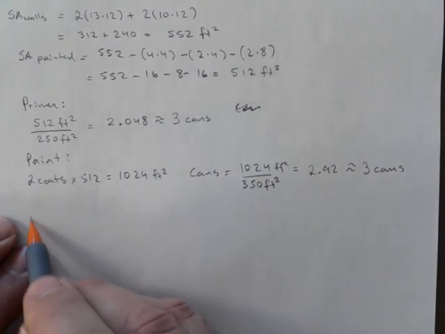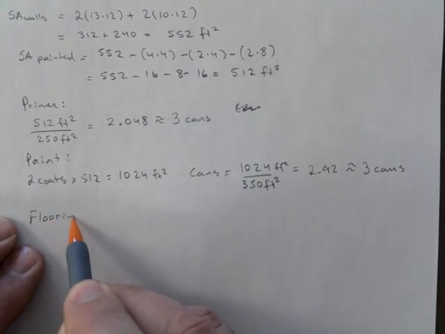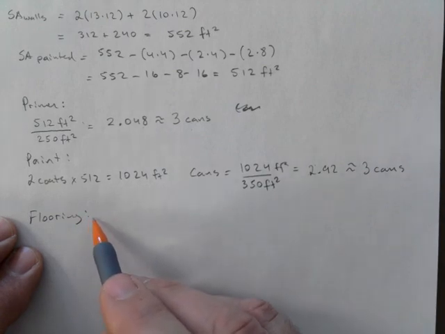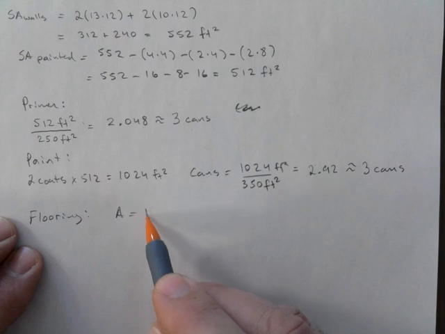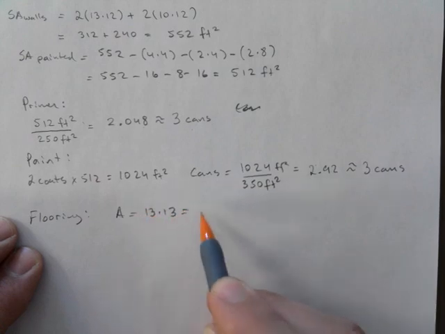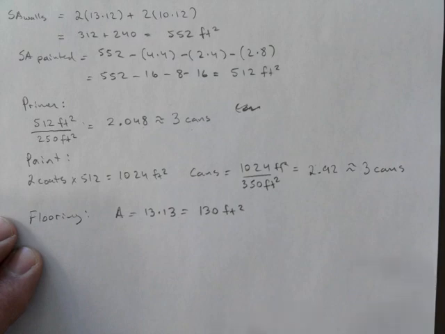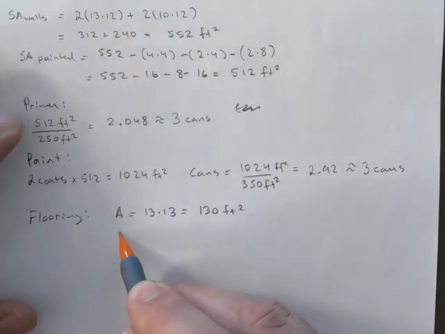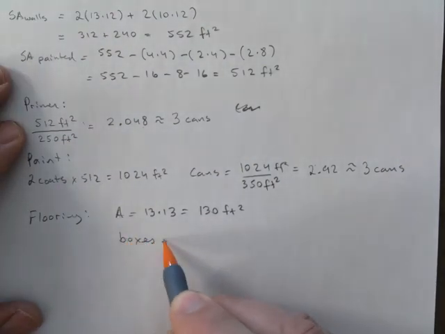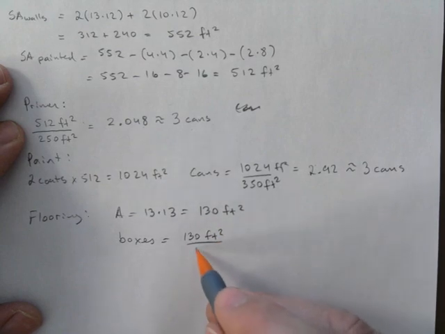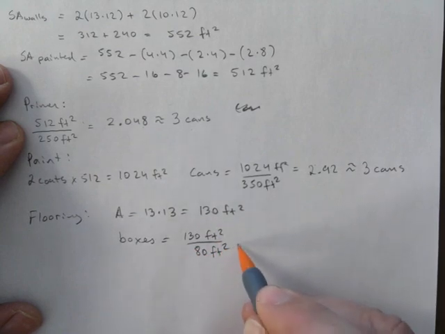And then the flooring, I will do it this way. It's length times width, right? Area would be 13 times 10. So you need 130 square feet to be covered. So, what does it come in, boxes? Yeah. So boxes would be 130 square feet divided by 1 box covers 80 square feet.